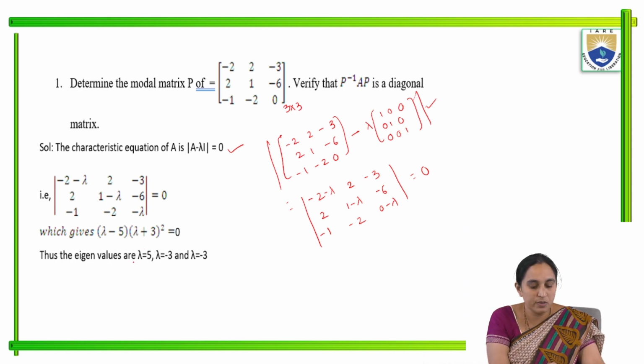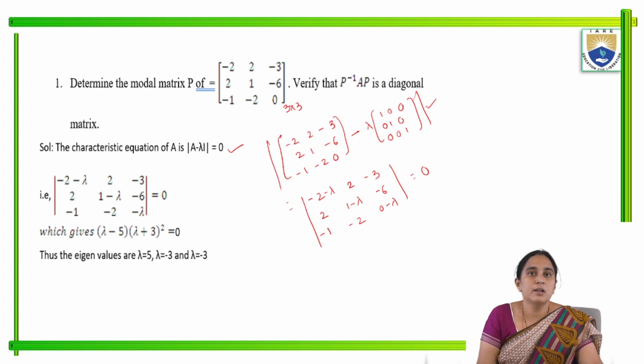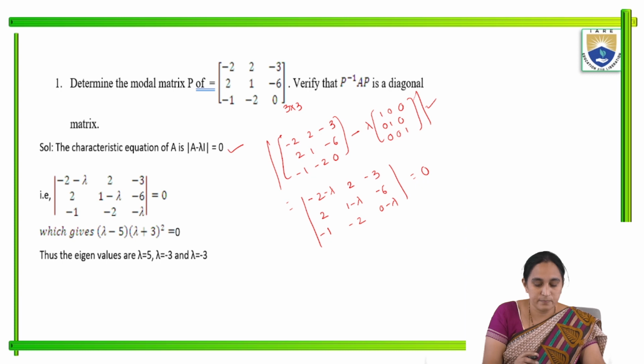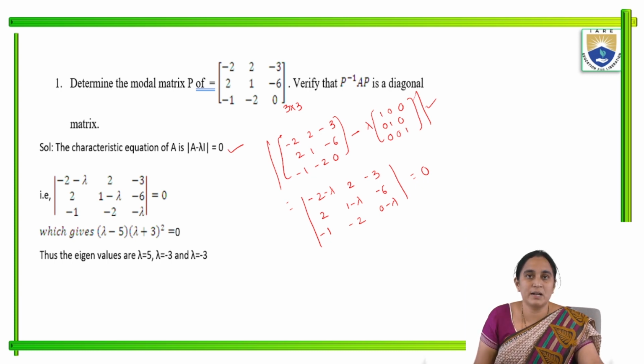Thus the eigenvalues are lambda equal to 5, lambda equal to -3 and lambda equal to -3. So we have three eigenvalues for the given matrix: 5, -3 and -3.